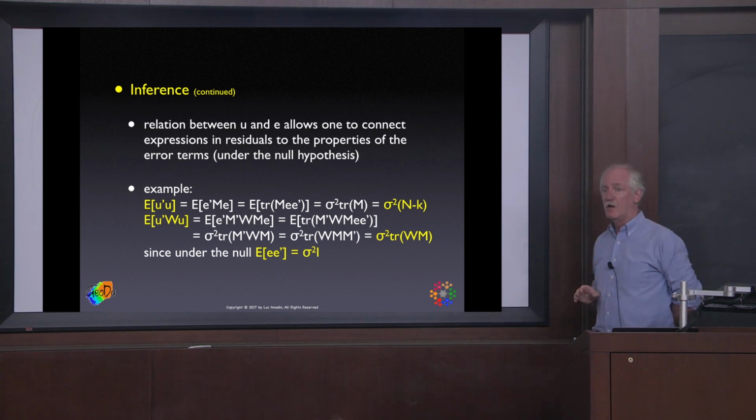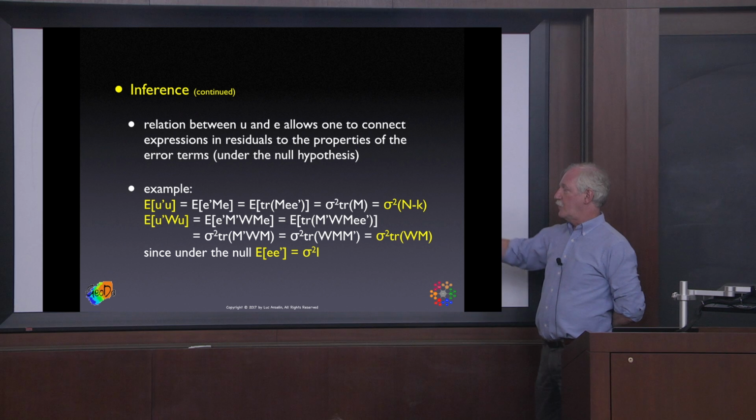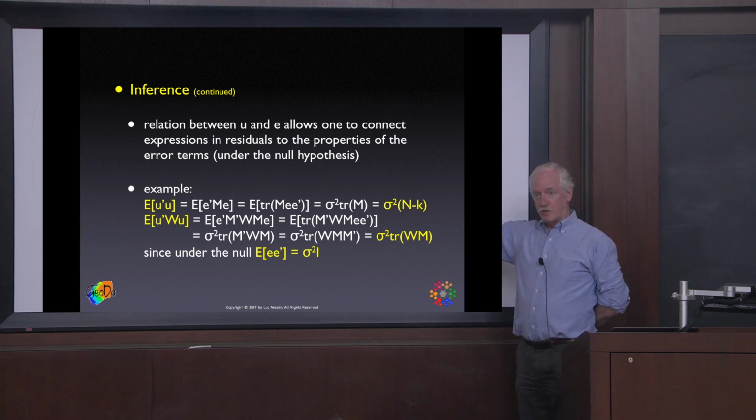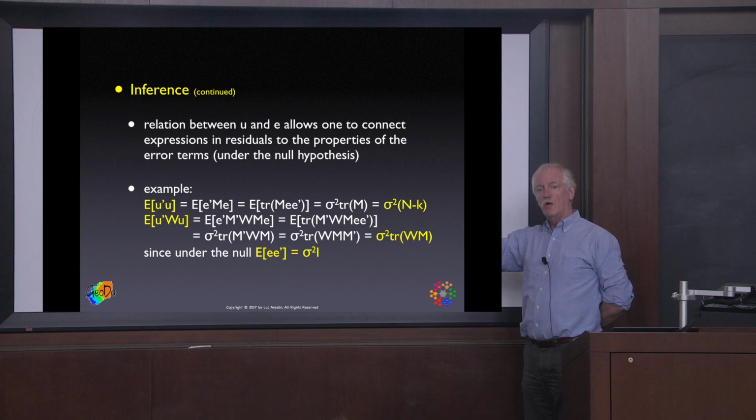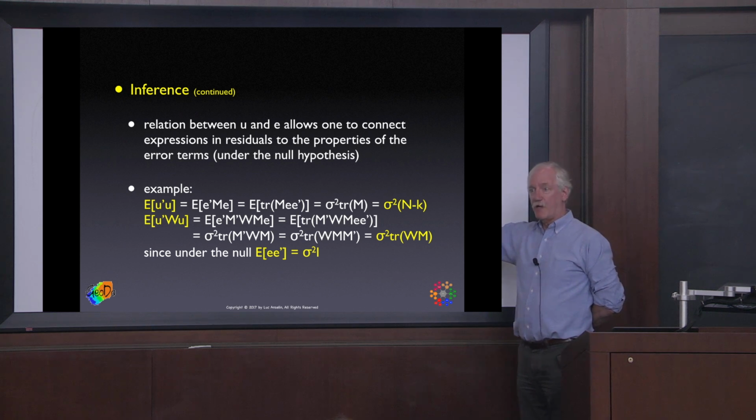Okay, now we move to the spatial arena. It gets a little funkier, right? So we have the sum of the products of the residuals with their spatial lags, U prime WU. First thing, we replace U by ME and U prime by E prime M prime. But here the M's don't multiply each other yet, so we have to wait a bit.